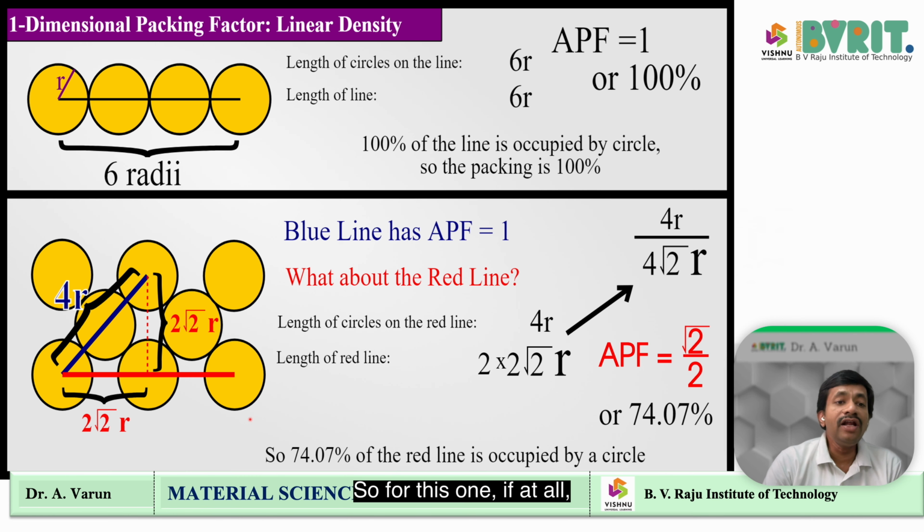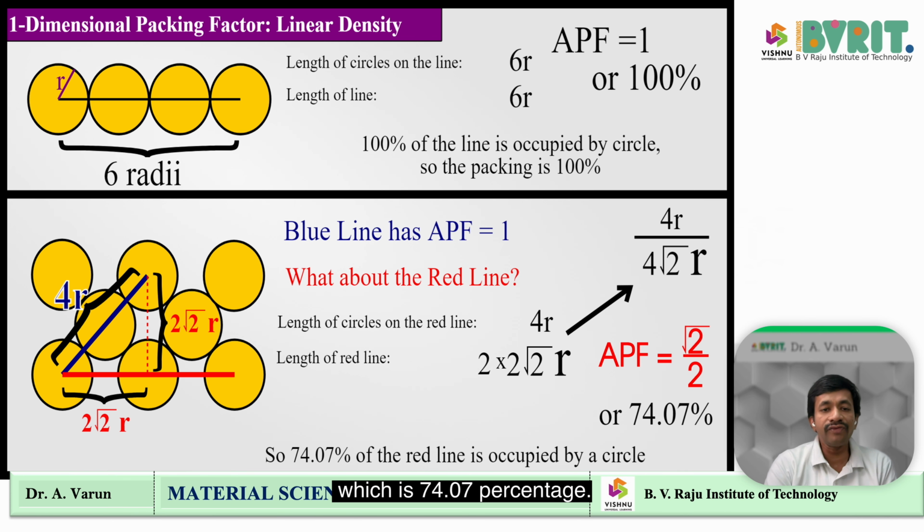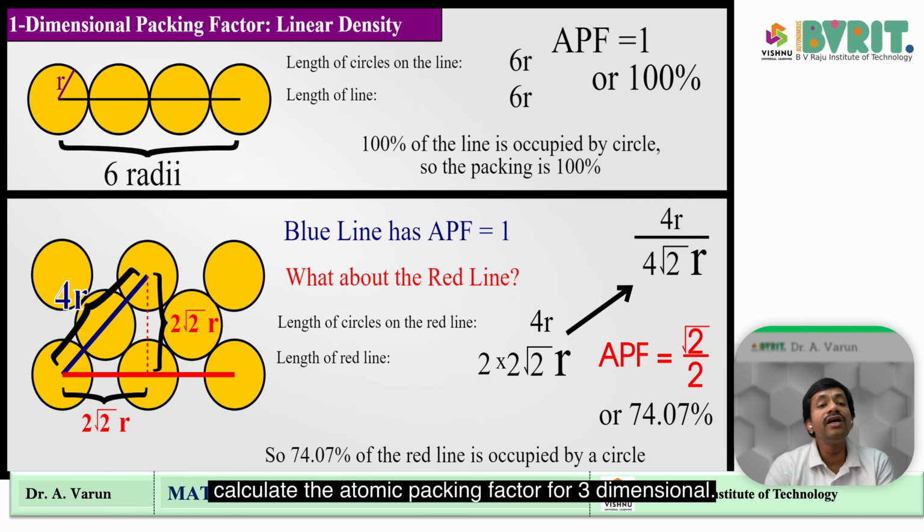So if I want the unit cell atomic packing factor, the length of this red line is 4r, and the length of the other red line is 2 times 2 root 2 r, which gives an atomic packing factor of root 2 by 2, which is 74.07%.